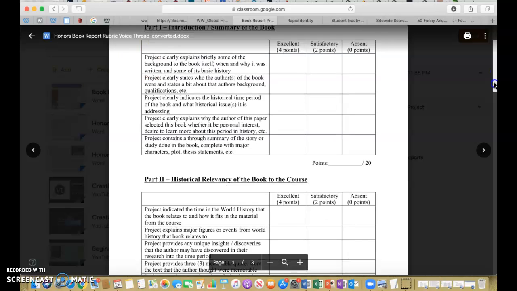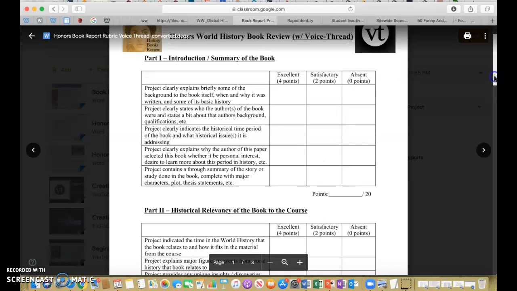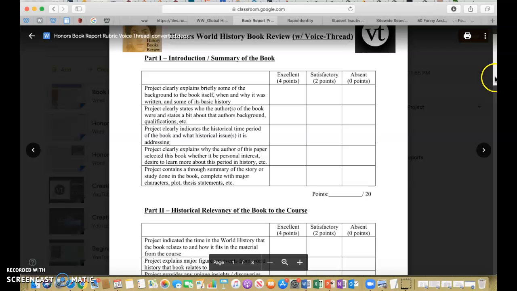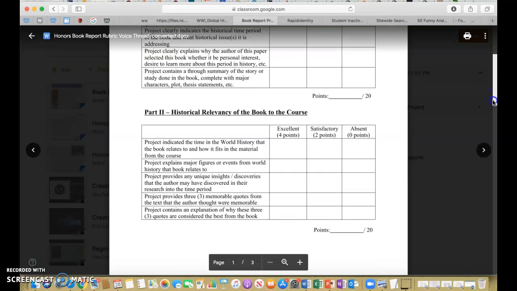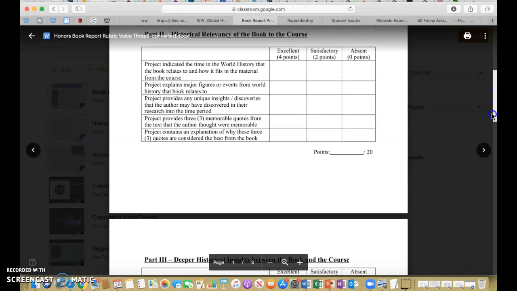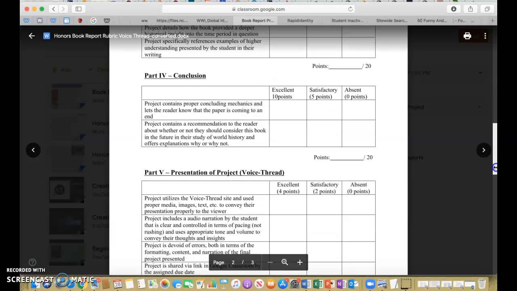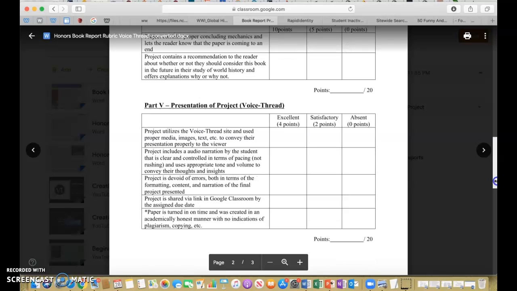So the introduction. Are you clearly indicating the historical time period? This book was written during the French Revolution, and it was dealing with the lack of workers' rights. The relevance of the book to the course. So go through this rubric. Are you doing each of these things in your presentation? And then make the presentation look good.